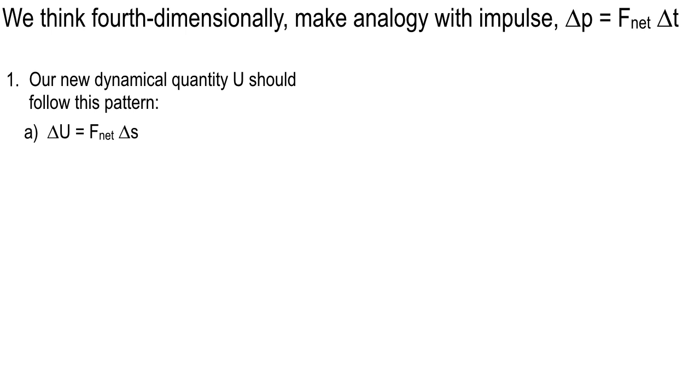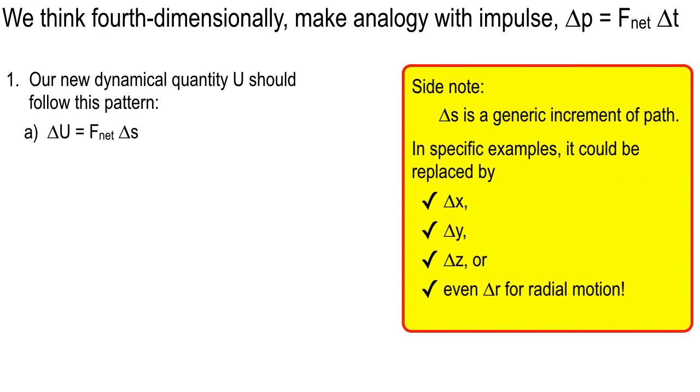Now, if we take an analogy, my dynamical quantity in the impulse equation is delta P. So there's this other function, energy, for which I'm still using the capital letter U for unknown. It should behave in this way.